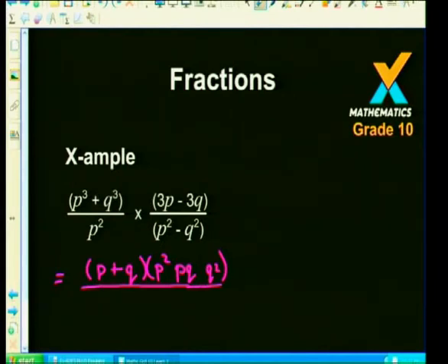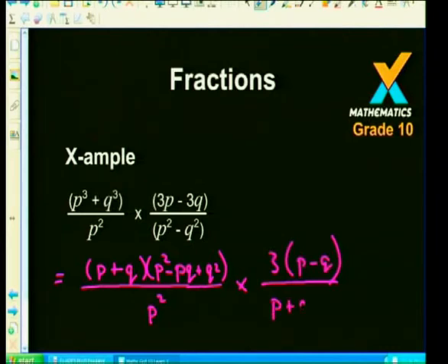Popping in my signs, plus, minus, plus. At the bottom, I've got a p squared. Let's look at our second term. Right, I can take out a 3 as a common factor, and I'm left with a p minus q. And at the bottom, I've got the difference of two squares, p plus q, p minus q. There we go. I have now factorized my fraction.